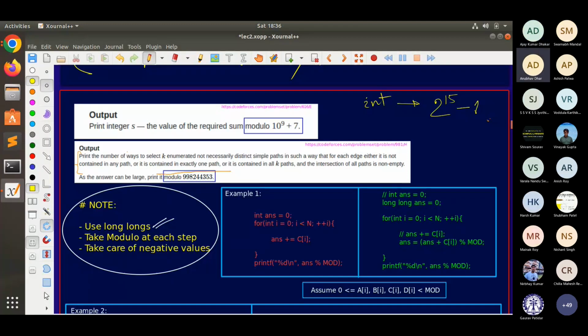This used to be the upper limit for integers well back in the 20th century, but for today's C++17 or even C nowadays, I think it's 2 power 31 minus 1, right?